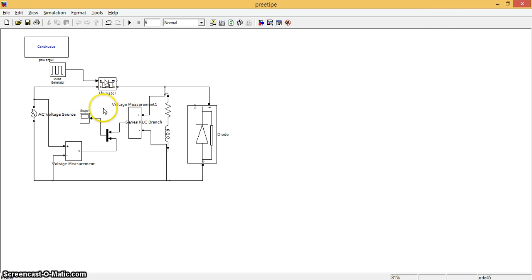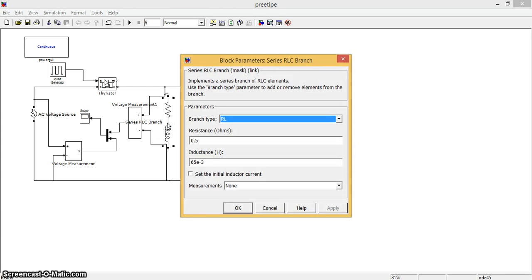We have chosen the RLC branch, but here we want RL only. So the resistance is kept at 0.5 ohms and the inductance at 65 millihenry, which is quite small, you can say nominal.